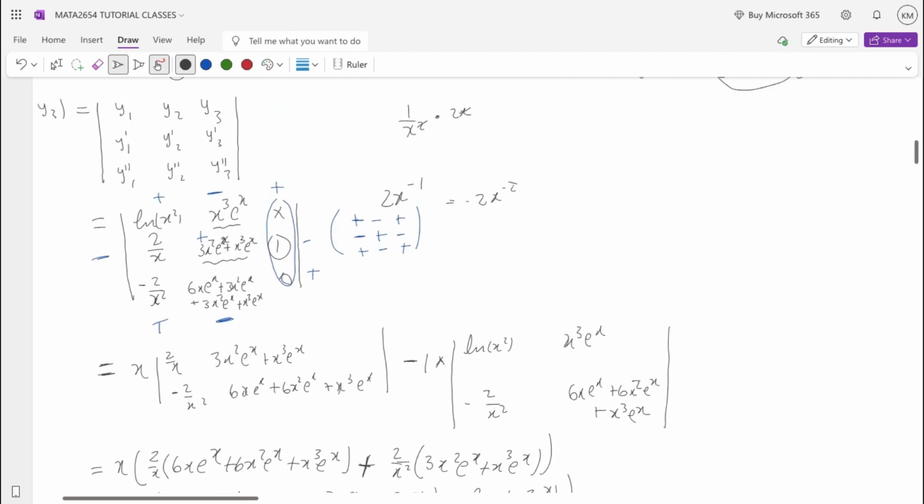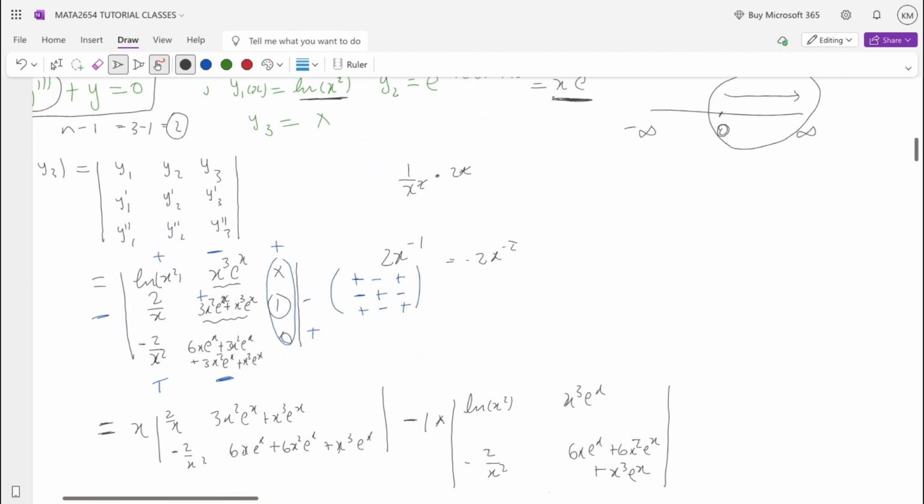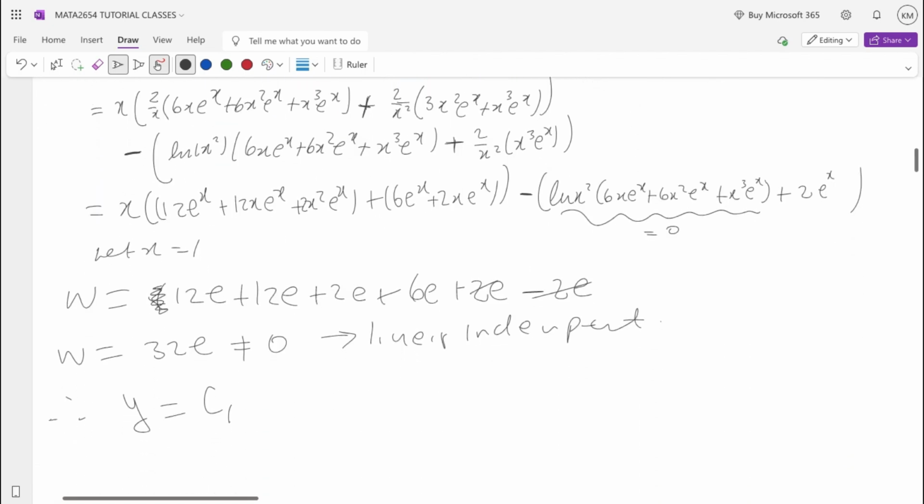I don't recall, it's been a while. ln x squared, then plus C2 y2, what is y2? I think it was x to the third e to the x, then plus C3 x. So that will be a general solution.